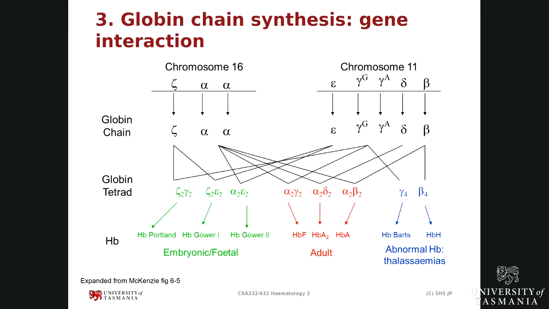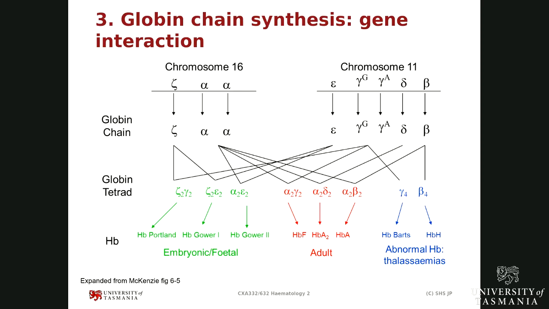So it means that if we get alpha thalassemia, it can be quite horrendous because we need alpha chains for each of our adult hemoglobins. Whereas if we get beta thalassemia, we've got 2 fallback hemoglobins, if you like, and we usually get reduced amounts of hemoglobin A being produced and increased amounts of hemoglobin F and hemoglobin A2.